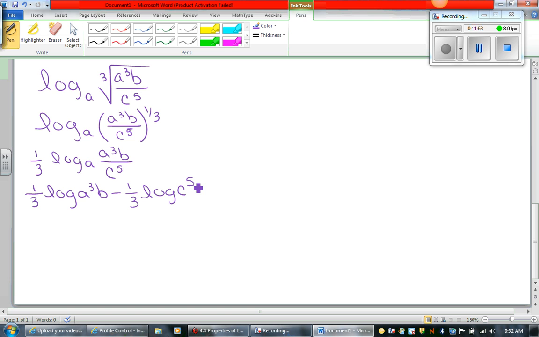An alternative way to do that is to keep that 1/3 out front and then put everything else in a set of parentheses so that afterwards that 1/3 can be distributed through. Okay. So now we can continue to expand this.